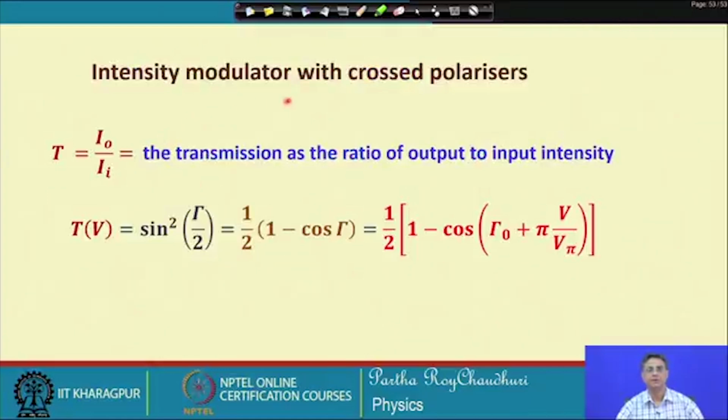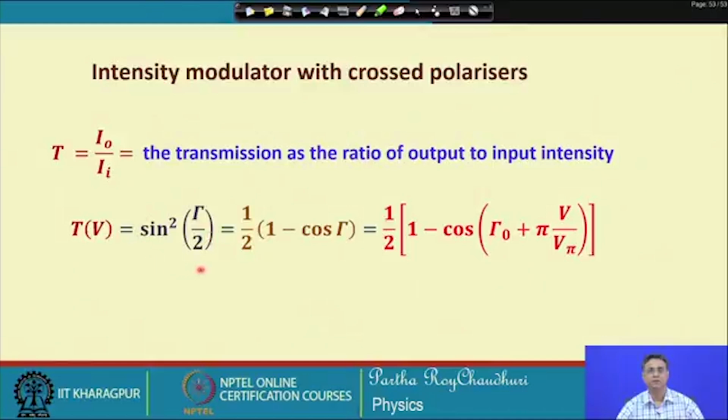Now, intensity modulation with a crossed polarizer: you have T equal to I output by I input, the transmission as the ratio of the output to the input intensity. You have seen that this is equal to sin square tau by 2.